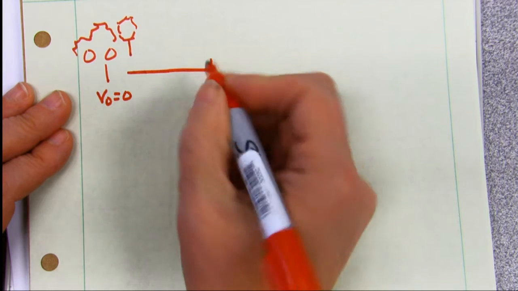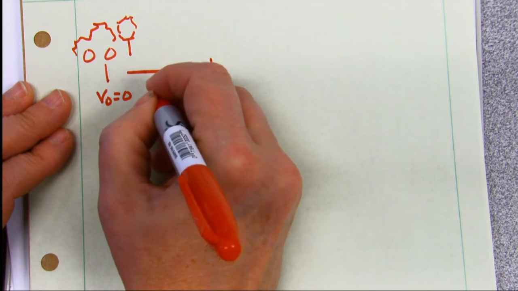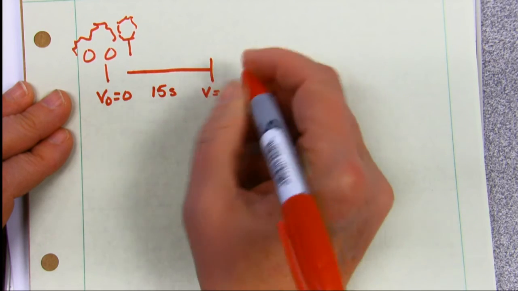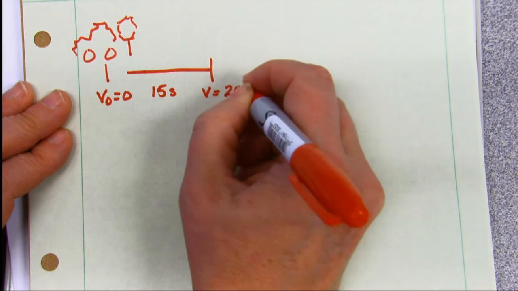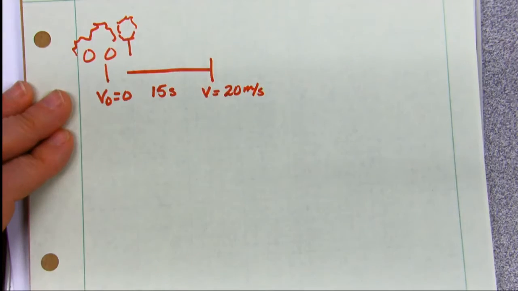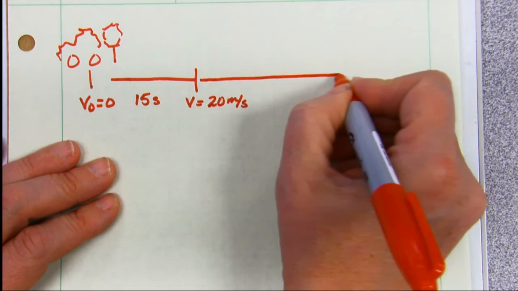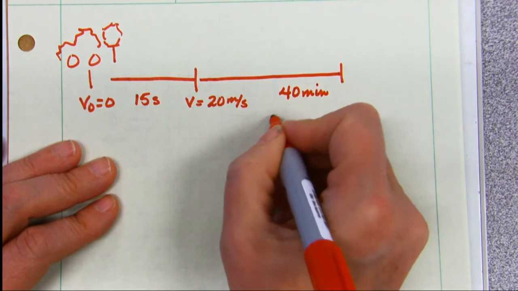We're going to take 15 seconds to reach a velocity of, we'll do 20 meters per second. We're then going to travel 40 minutes at a constant velocity.